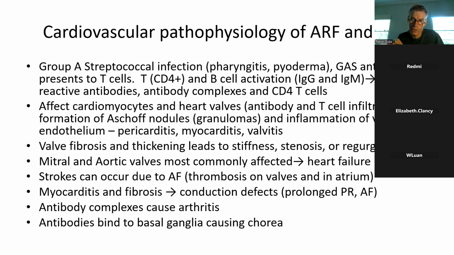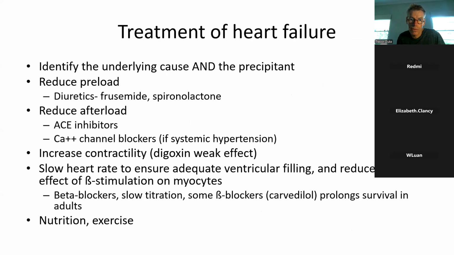So if you get inflammation of the myocardium, then that can affect the conduction pathways, and that can lead to AF as well. It's both stretch and inflammation of the myocardium. And as you know, the other features are arthritis, and that can be antibody mediated, and also sometimes the antibodies bind to the basal ganglia, causing chorea, so Sydenham's chorea, of course.